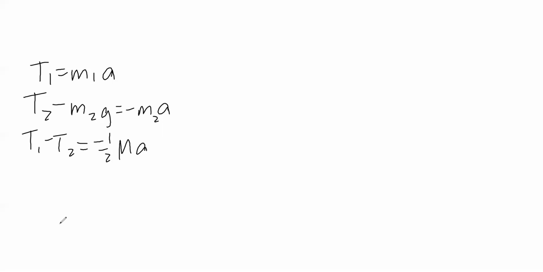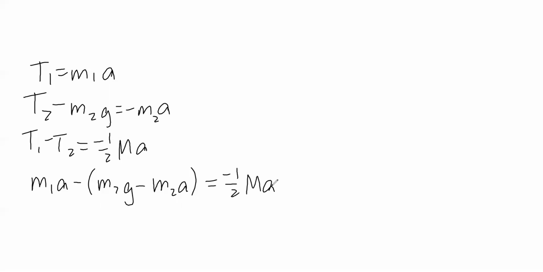So when you subtract those two, with the substitutions, you're going to get M1A, that's T1, minus T2, which is M2G minus M2A, equals, on the right side, minus 1/2 M times A. And so if we're trying to solve for A, it looks to be easiest to get the A's on the left side, because it'll be positive, and get everything else to the right-hand side.